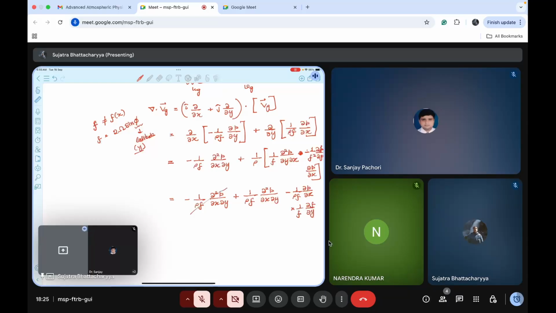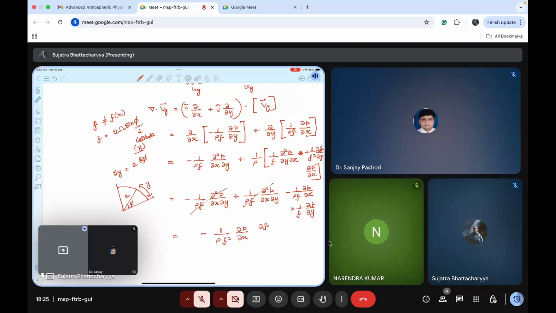Okay. So finally you get minus 1 upon rho f square delta p delta x times delta f delta y. We know that delta y can be written as the radius of the arc times delta phi. Suppose this is your radius a, this is some angle phi, and this is your y.